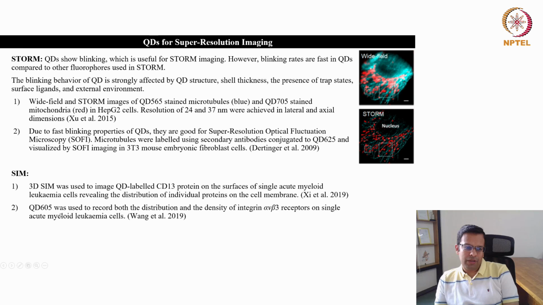And QD605 was used to record both the distribution and the density of integrin receptors on single acute myeloid leukemia cells in this study. So if you are interested, you can go to these publications and see the details of how exactly the microscope setup was used for SEAM imaging.